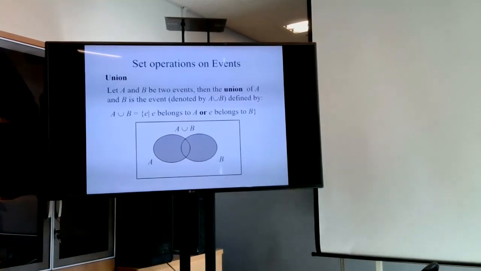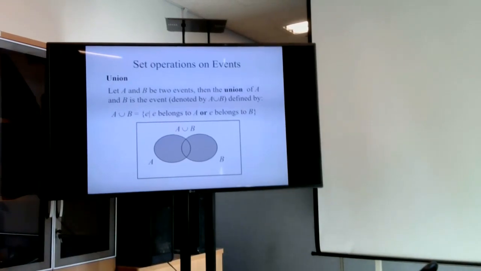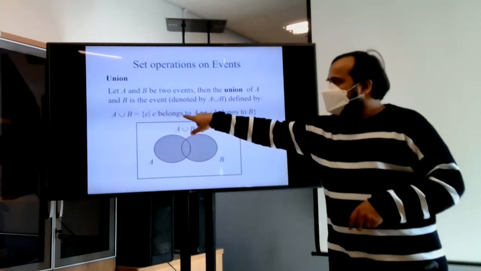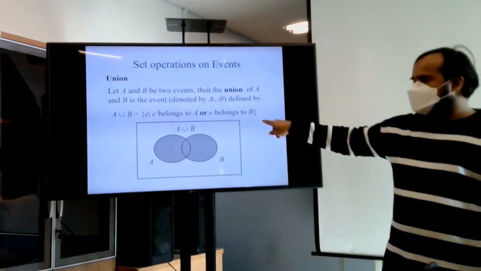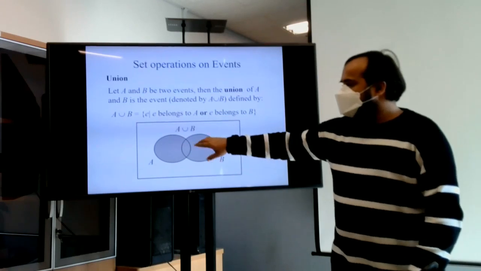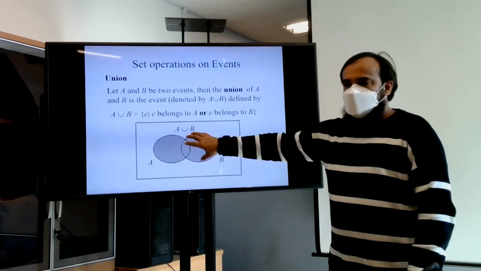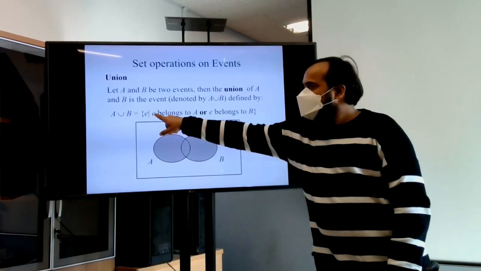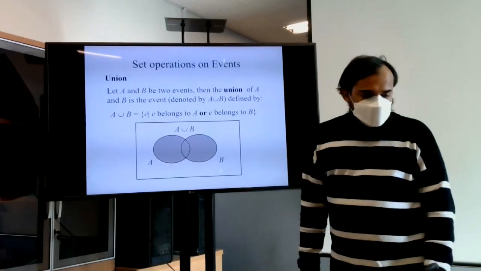Now the union set operation. Let A and B be two events, then the union of A and B is the event denoted by A union B, defined as the set of E, any random variable, that belongs to A or belongs to B. In this union we just add all the elements that lie in A and all the elements that lie in B. We do not know whether E belongs to A or B, but we add all the elements together.